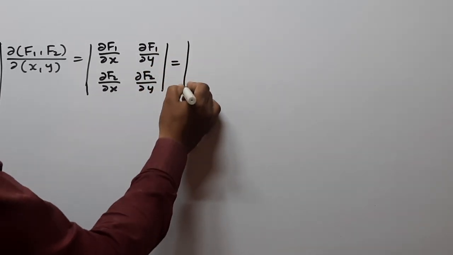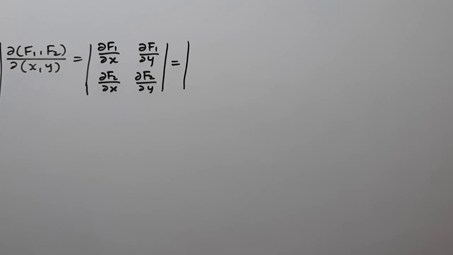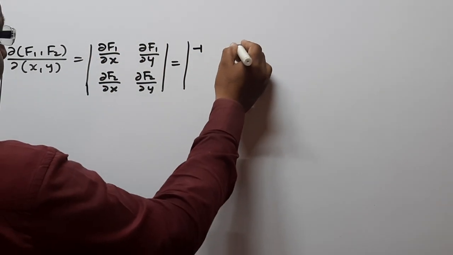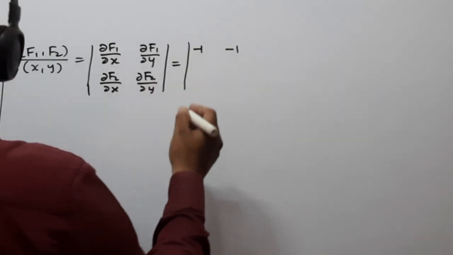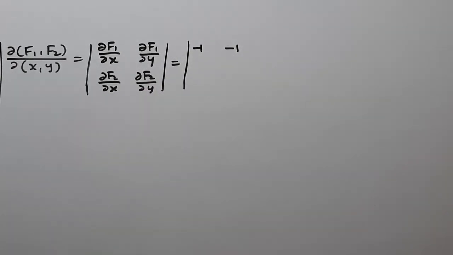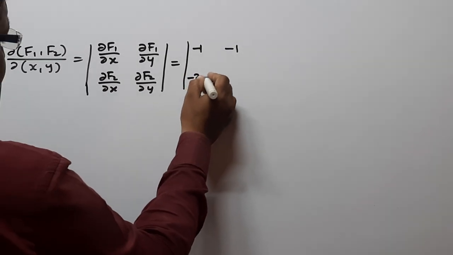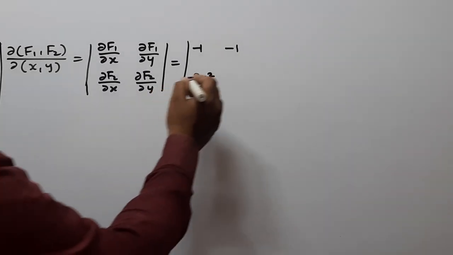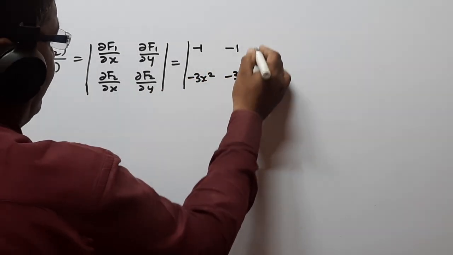We find the partial derivatives of f1 with respect to x and y, so this becomes minus 1 and minus 1. When we differentiate f2 partially with respect to x, we get minus 3x square, and with respect to y, we get minus 3y square.